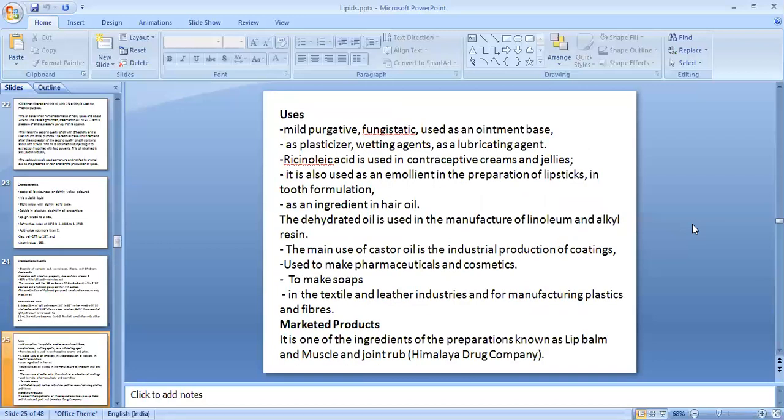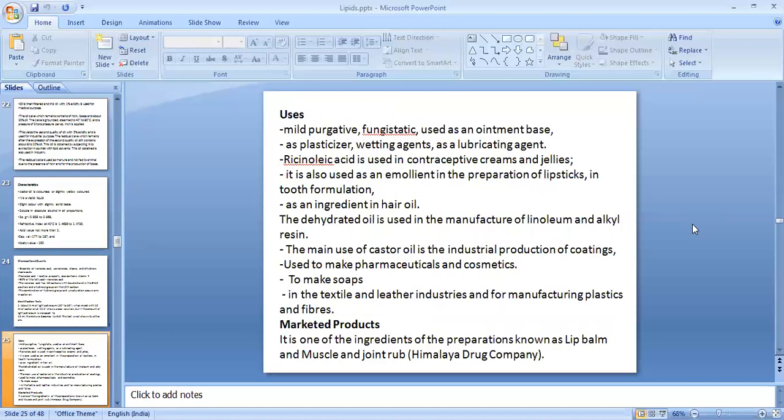And next is the uses. It is used as a mild purgative and fungistatic. It is used in the preparation of ointment bases, and as a plasticizer, as a wetting agent, and as a lubricating agent.